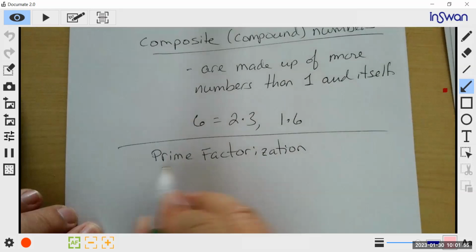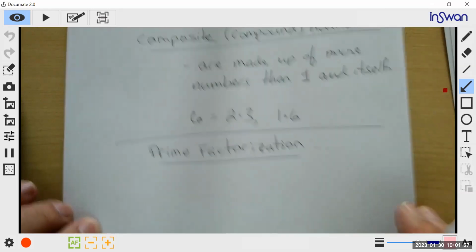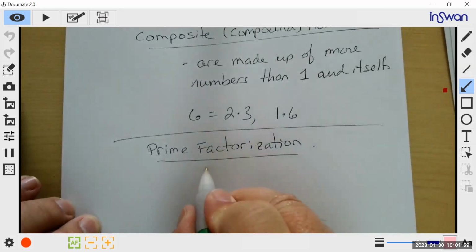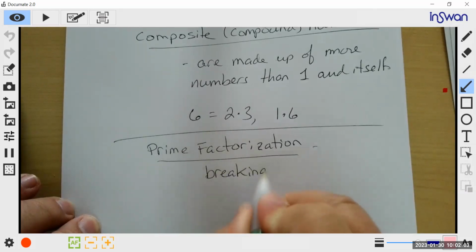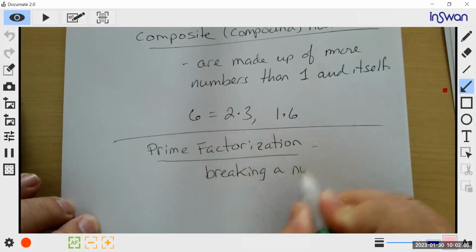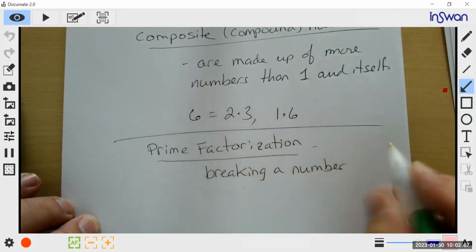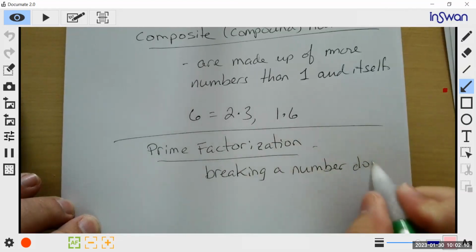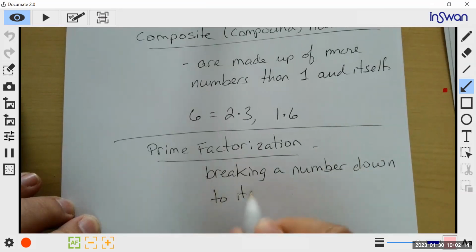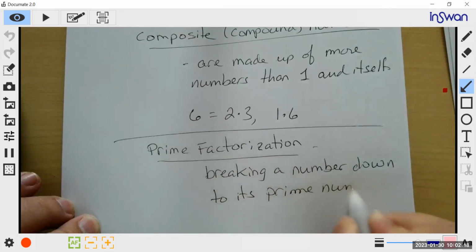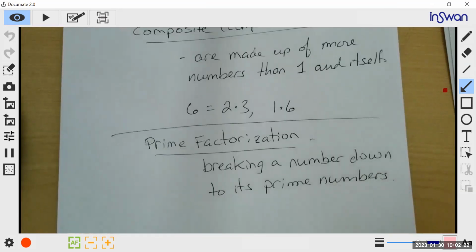Prime factorization is breaking a number down to its prime numbers, where you can't go any further.